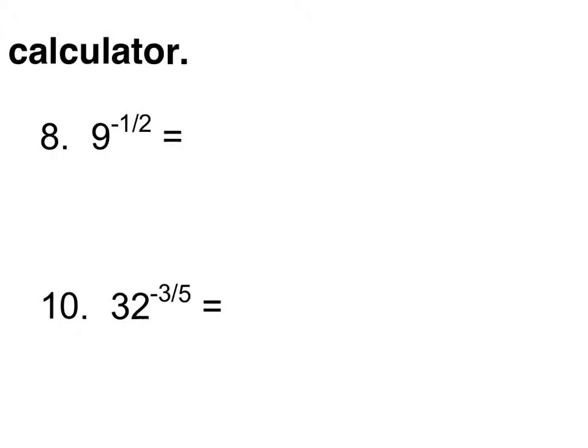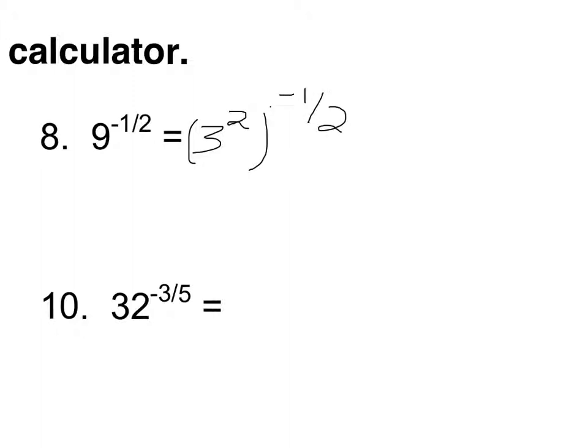For number 8, you're going to separate the base from the exponent, so that's 9 and negative 1/2. So first off, 9 is just 3 to the power of 2. And you're going to multiply that by negative 1/2.